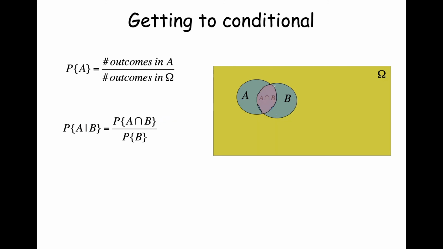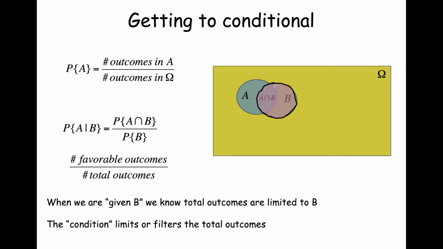Okay, so this region that is the intersect, and then divided by probability of B, that represents the probability of our new universe of consideration. So we still have favorable outcomes over total outcomes.